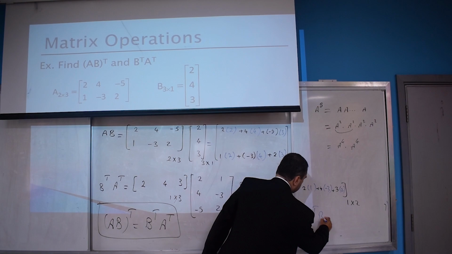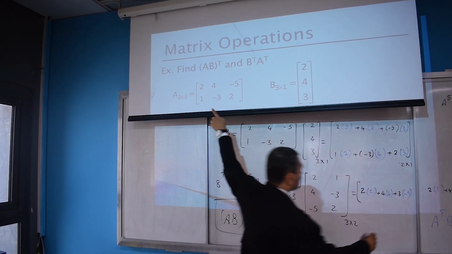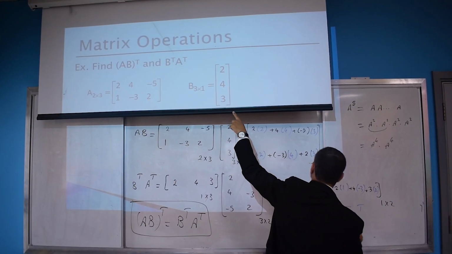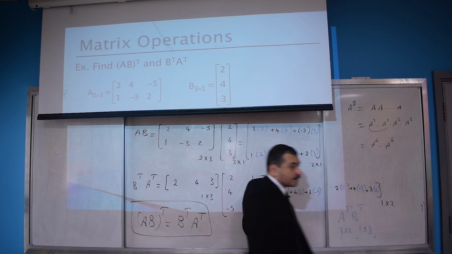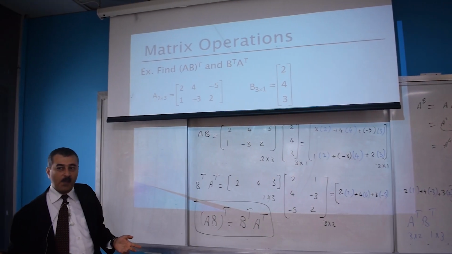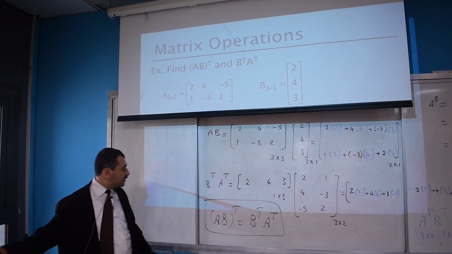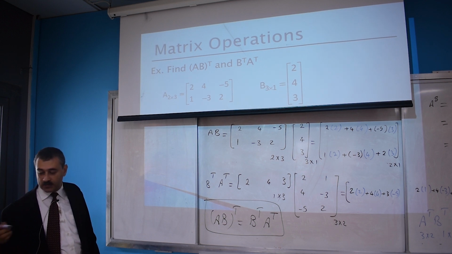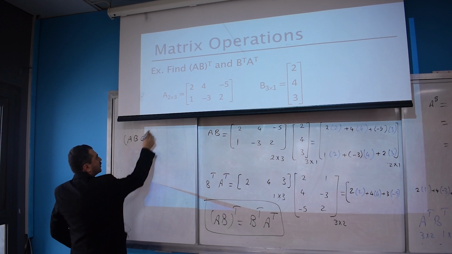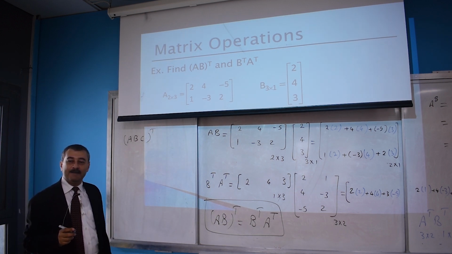A transpose B transpose is actually not valid in this example. A transpose is 3 by 2 and B transpose is 1 by 3, so this product is not valid here. But this is a rule: AB transpose is B transpose A transpose. What about ABC all transpose?